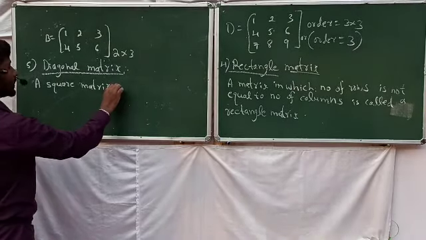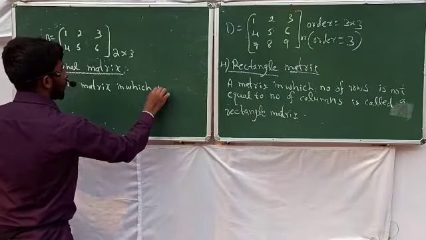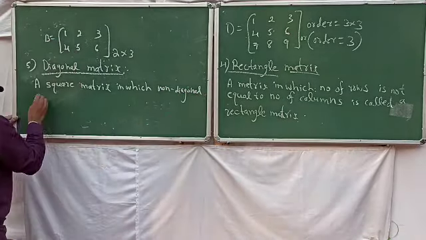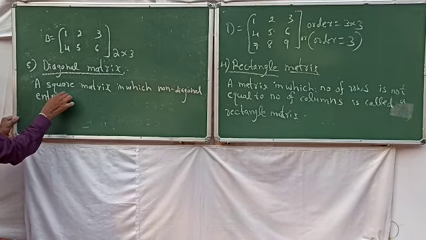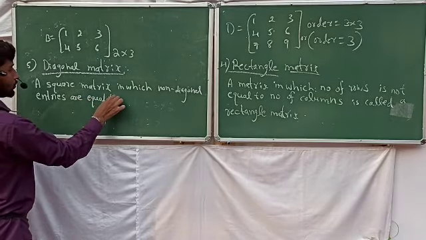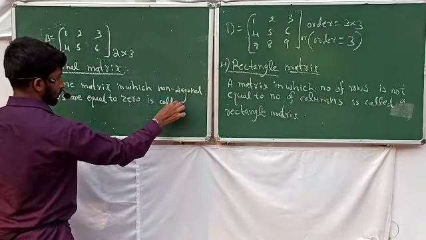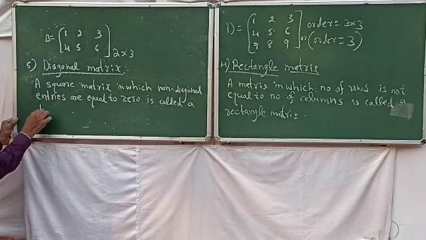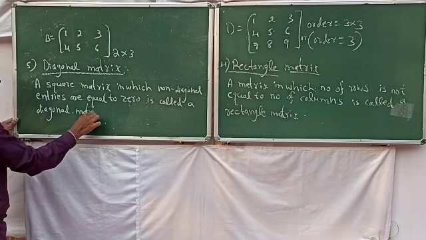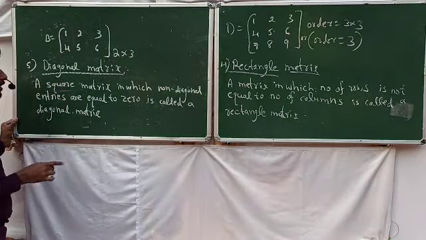So a square matrix in which non-diagonal entries are equal to 0 is called a diagonal matrix. First of all, a diagonal matrix is a square matrix in which non-diagonal entries are equal to 0.